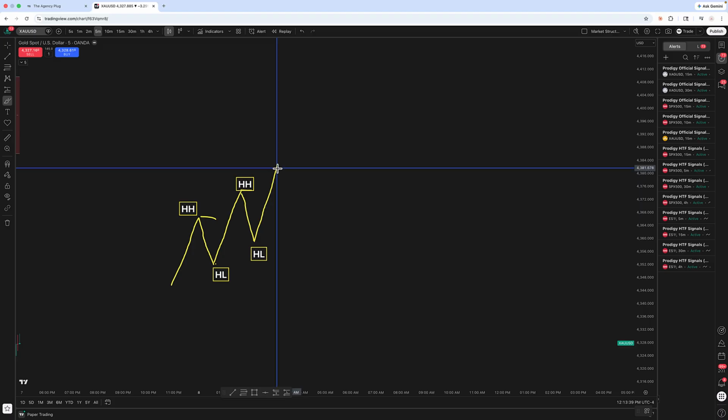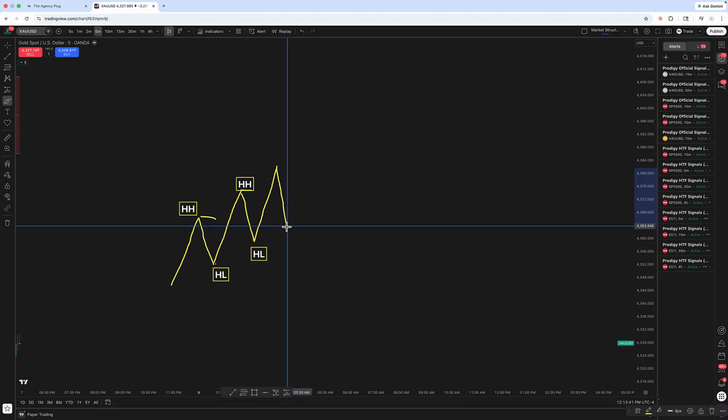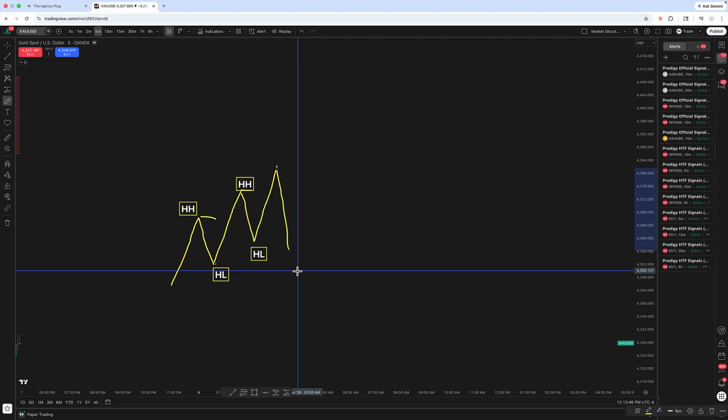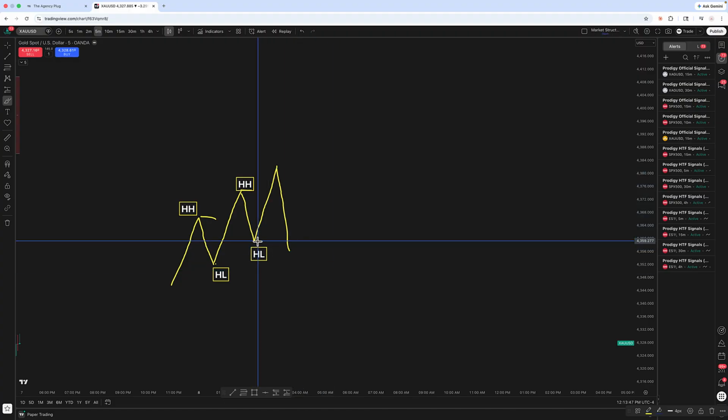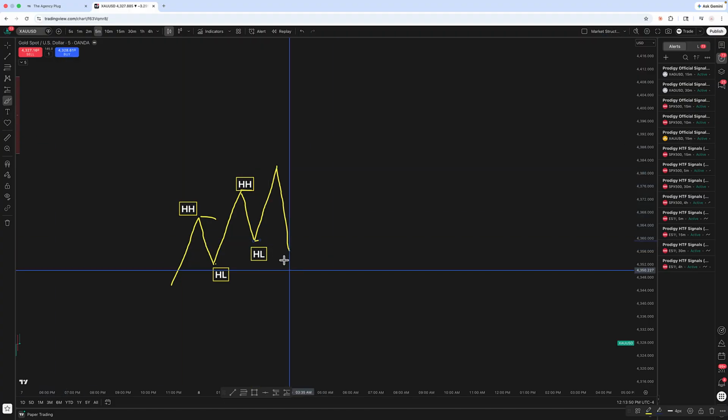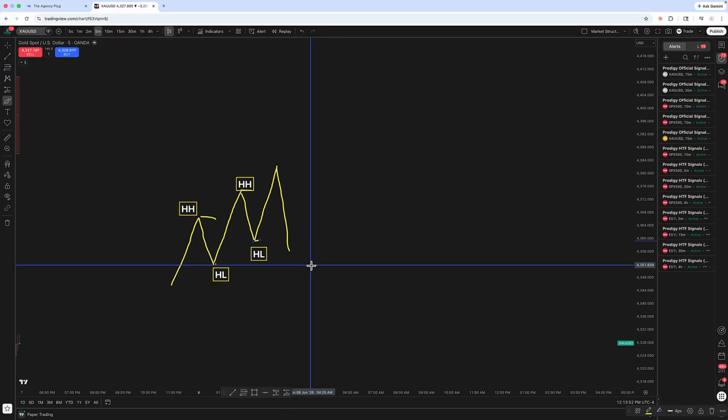It can come all the way down and break this higher low. This is where most people mess up. They believe that because it broke this higher low, the market is about to trend down. And that could be right, but there are certain conditions that I look for to call it a downtrend. We're going to go over both reasons.